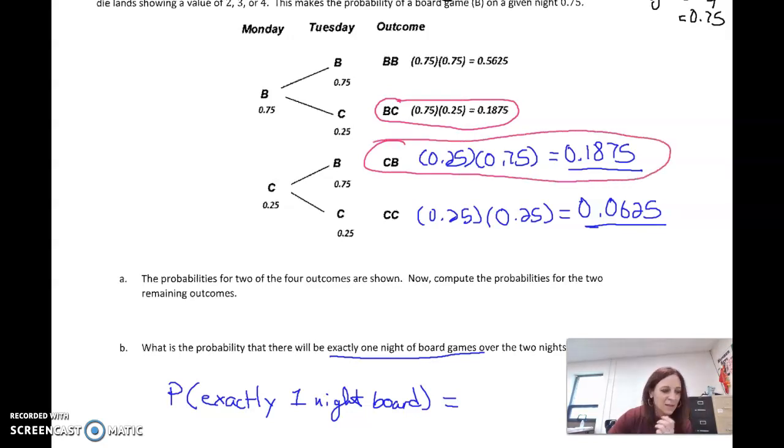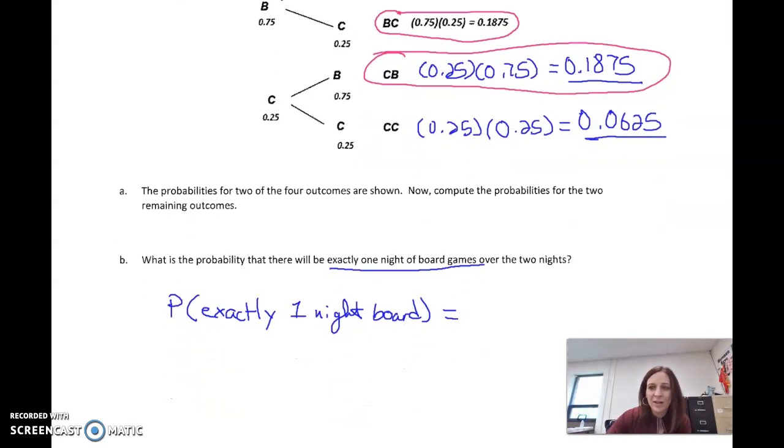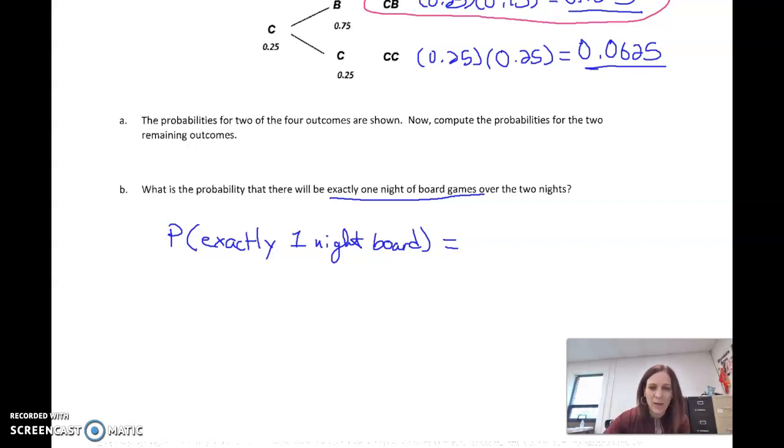Now here is where we have to be careful. We have board game and card game, or we have card game and board game. We need to add these together. I know we multiply up here, but there are 2 outcomes: this or this. It can either be board game then card game, or card then board game. We have to add.